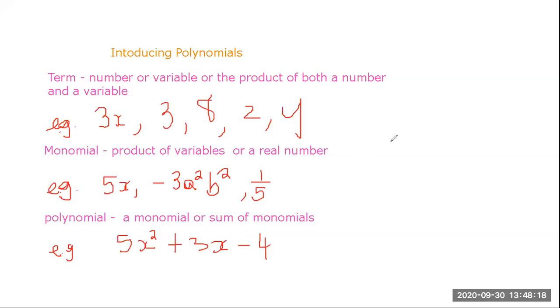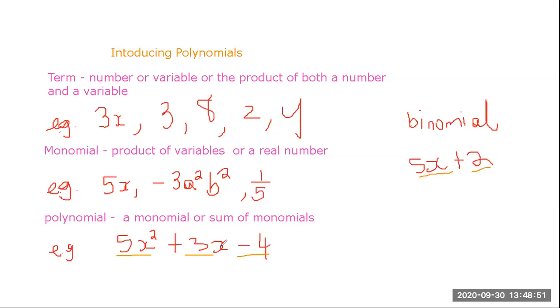An example of a binomial would be 5x plus 2. It's a binomial because it has two terms. This right here is also considered a trinomial, because it has three terms.